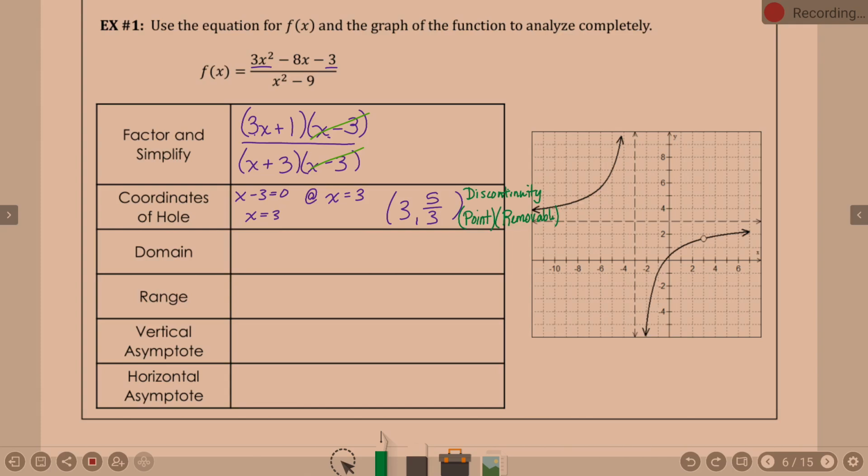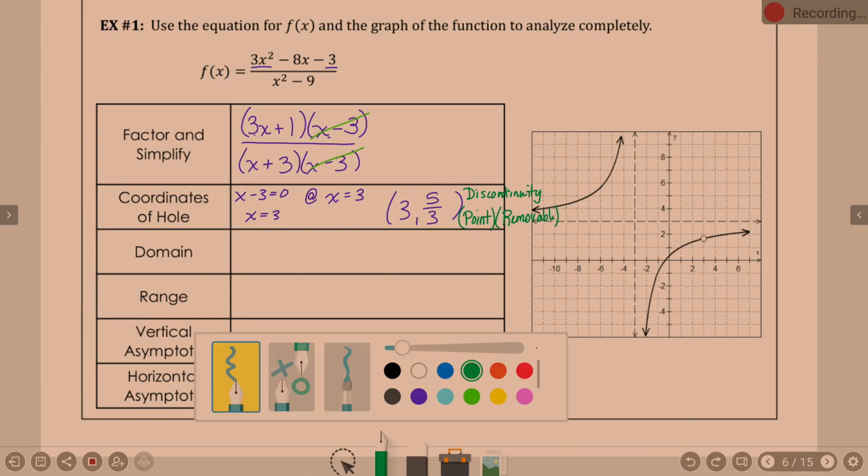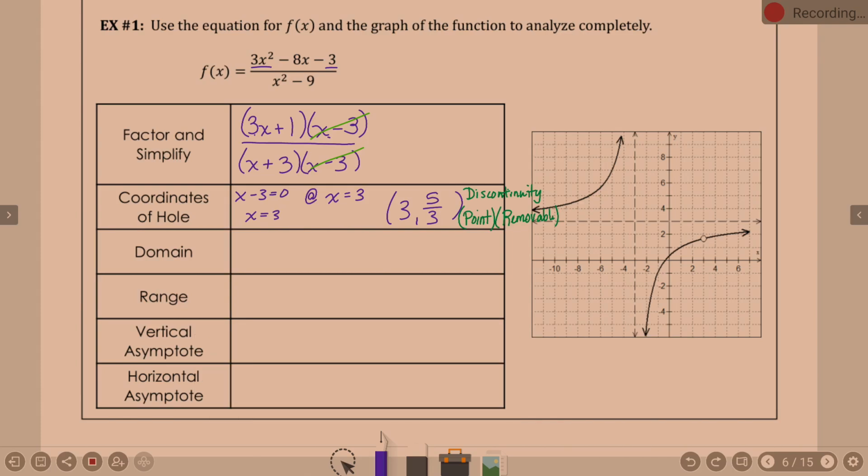Oh my gosh. Domain. What do you remember about domain? X. So we're going left to right here. Where does my graph start on the left? Negative infinity, yes. And we're going to use interval notation. Negative infinity.